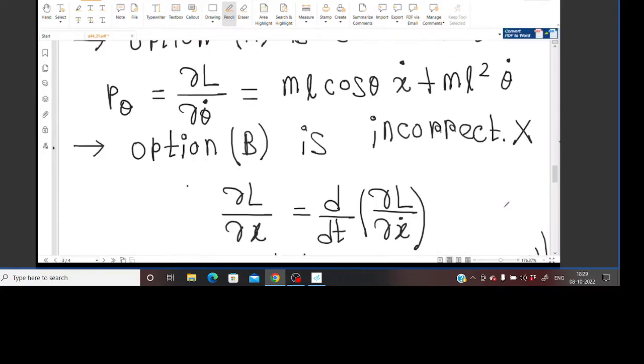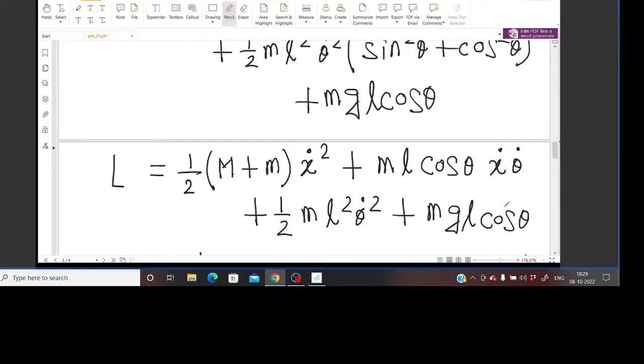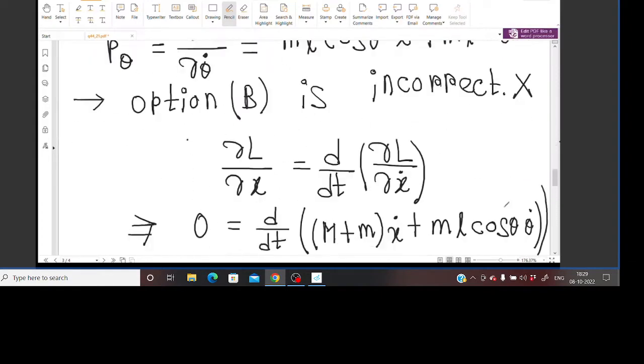Now let's find out the equation of motion corresponding to the x coordinate, which is given by del L del x equal to d dt of del L del x dot. The Lagrangian L is independent of x, so del L del x is 0. On the other hand, del L del x dot is equal to M plus small m into x dot plus small m into L into cos theta into theta dot.